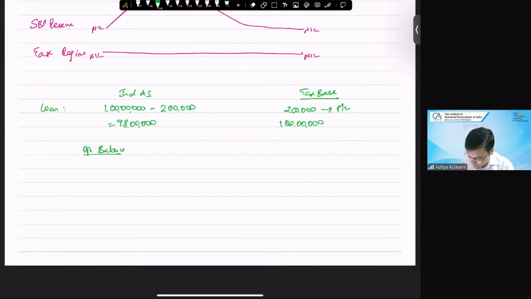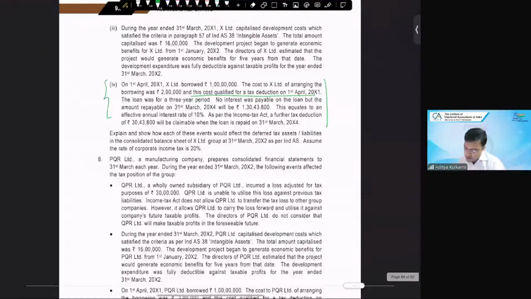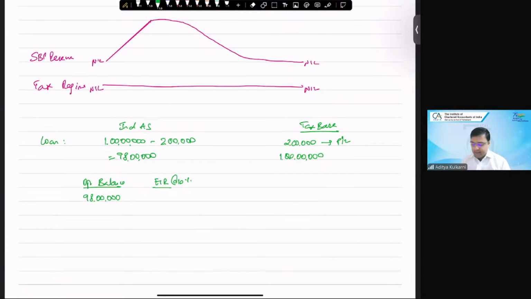Opening balance 98 lakhs, effective interest rate 10%. So 98 lakh, 9,80,000. Closing balance will be 98 plus 9,80,000, so 107 lakh 80,000.